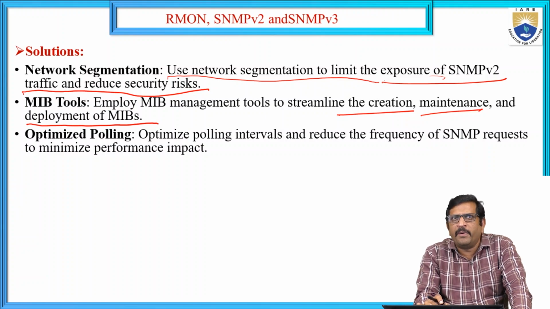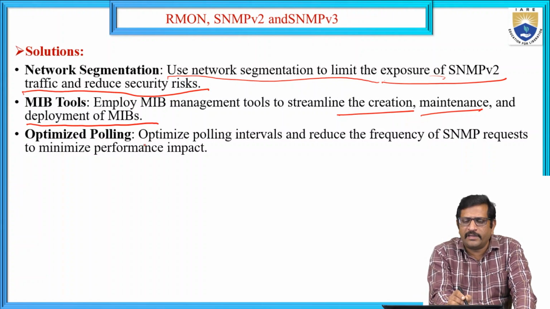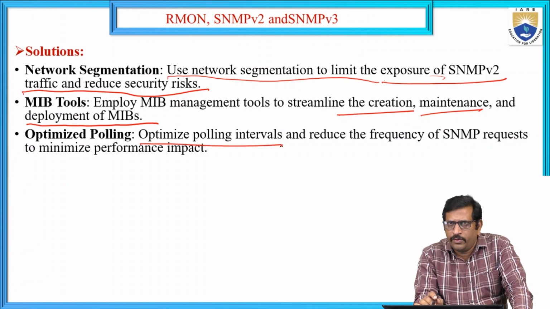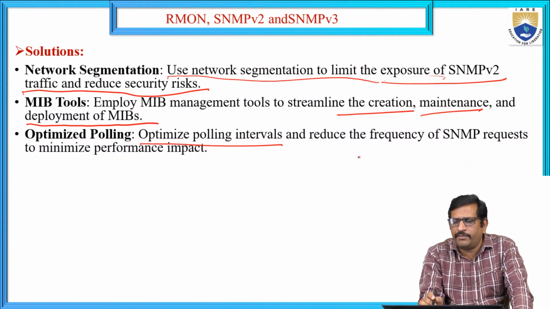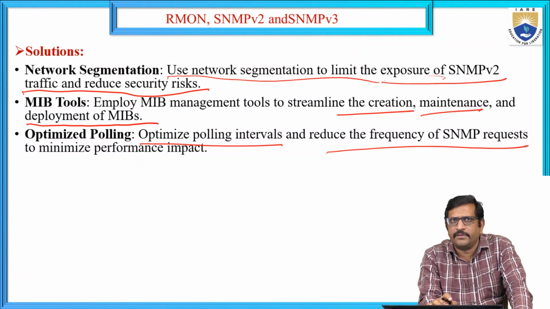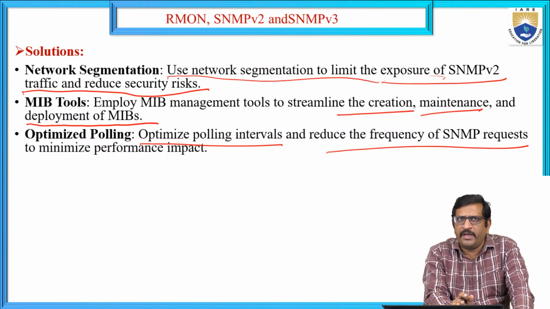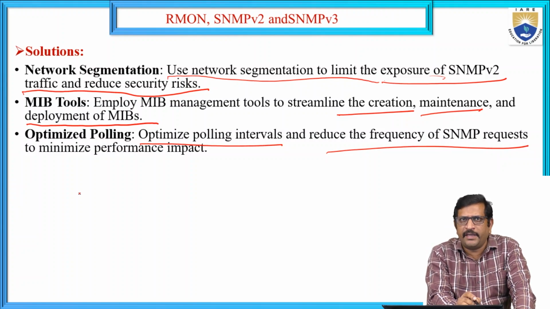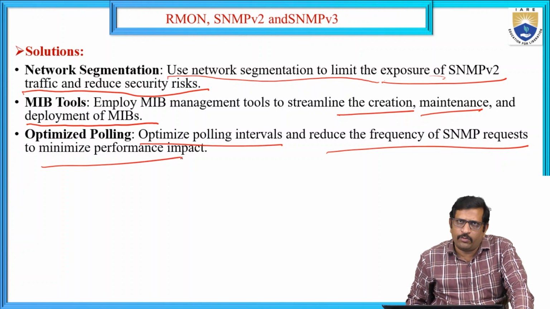And optimized polling: the polling interval should be optimized. By optimizing the polling intervals, we can reduce the frequency of SNMP requests and minimize the impact on network performance.